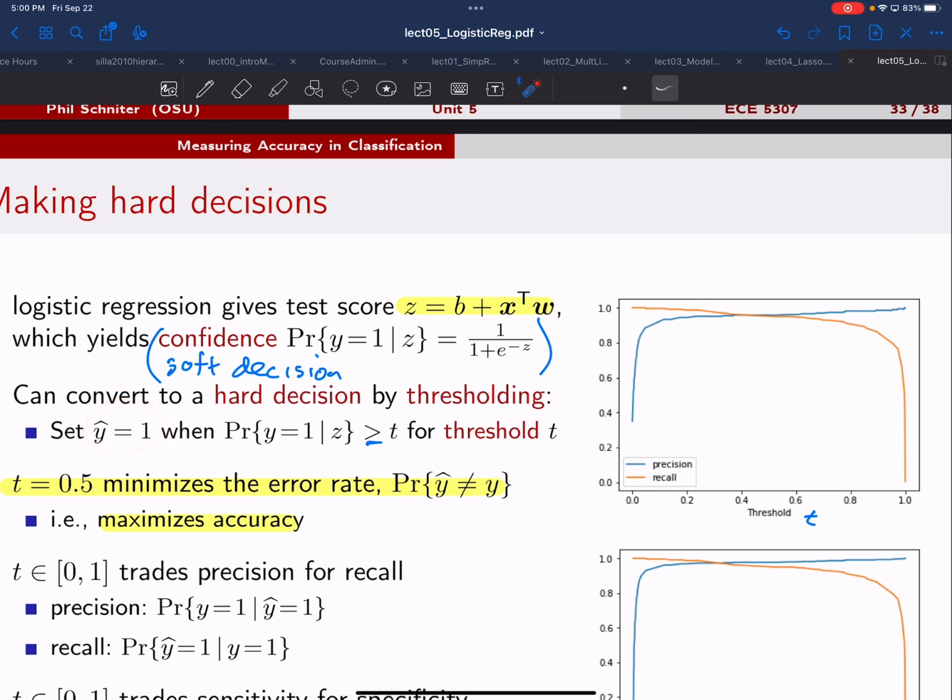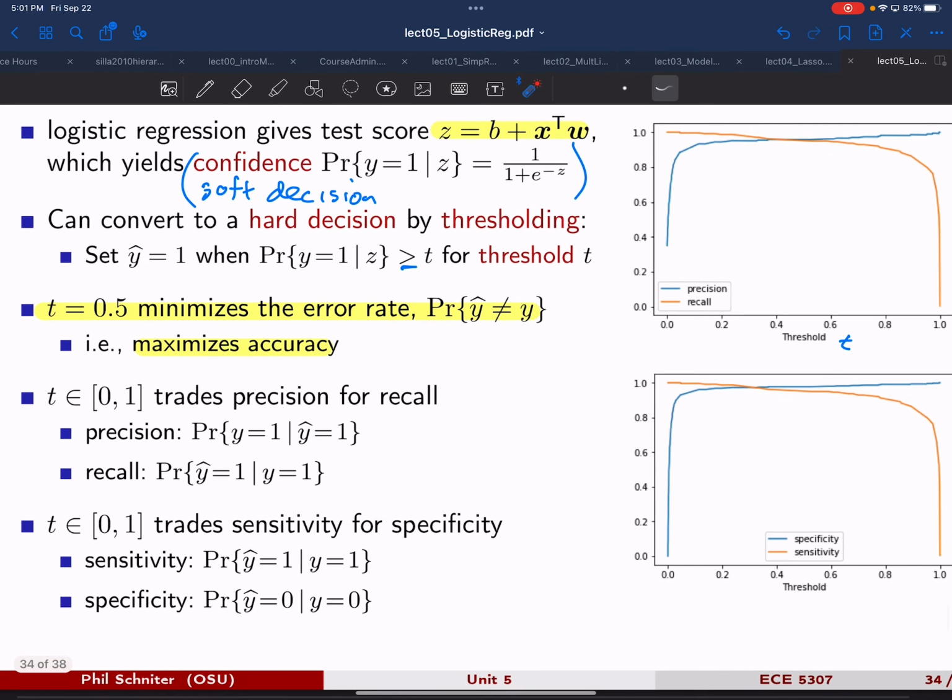Always. Right? So it's a trivial case. And in that case, your recall is going to be perfect, but your precision is going to be worthless. On the other hand, if you go the opposite way, if you set t all the way to 1, you're always going to be returning a 0. And so in that case, it flips. And so by adjusting t, you can actually make whatever trade-off you want between these two.